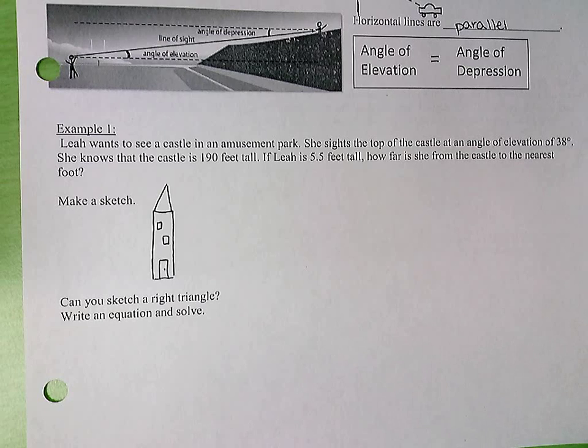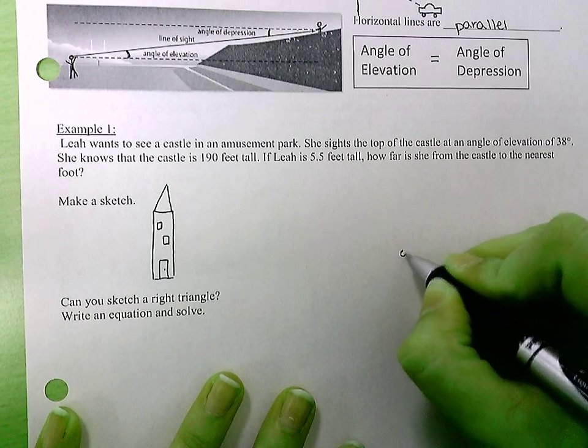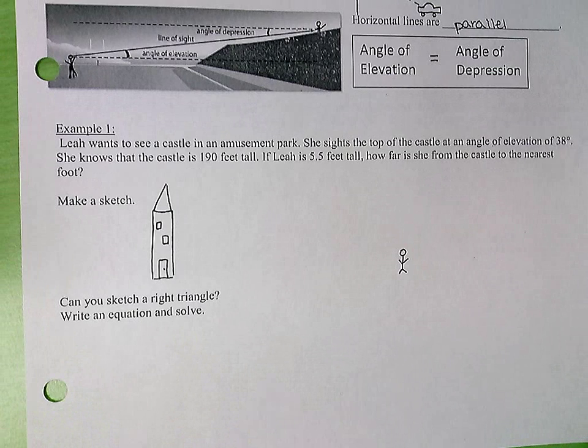Now, Leah is, we don't know how far away. Okay, because that's what we have to find. So, we're going to just put Leah over here. Now, I want to label my picture. Okay, so looking back at this problem.